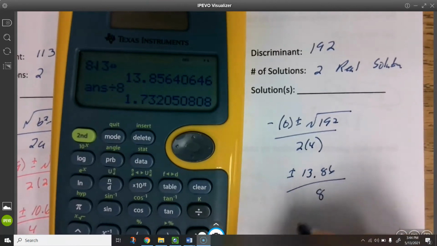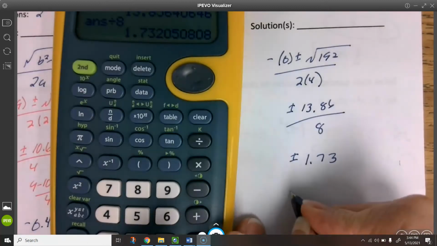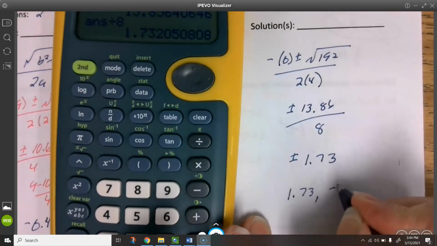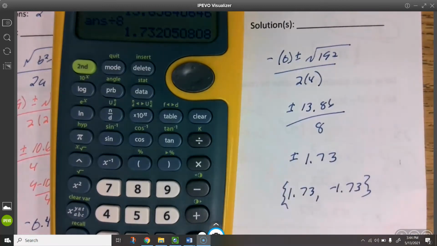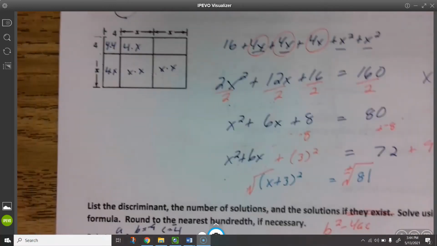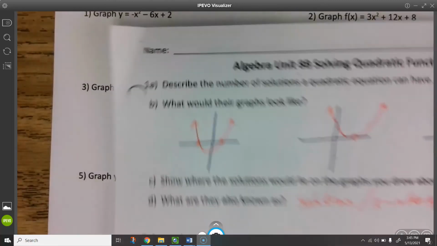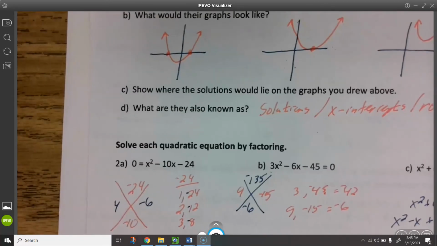So it's going to be plus or minus 1.73. So a positive 1.73 and a negative 1.73. Okay, good. So that's a review of solving. The next video will be about graphing. Great.